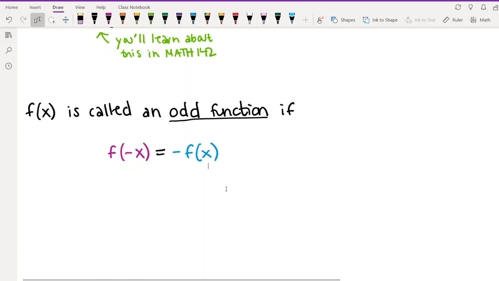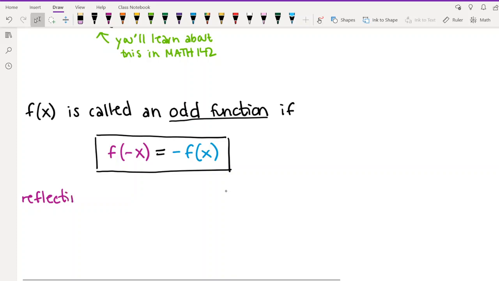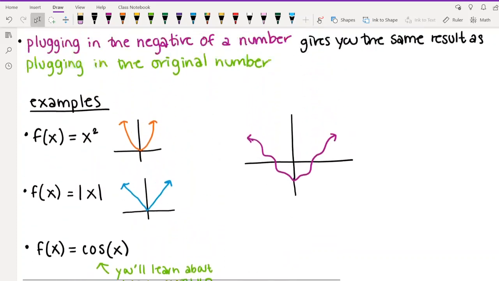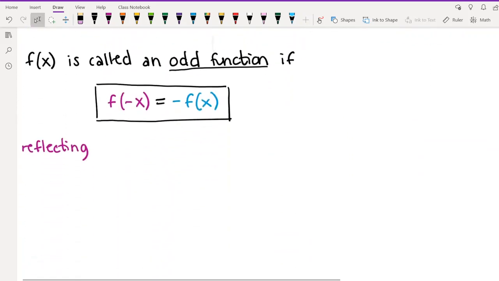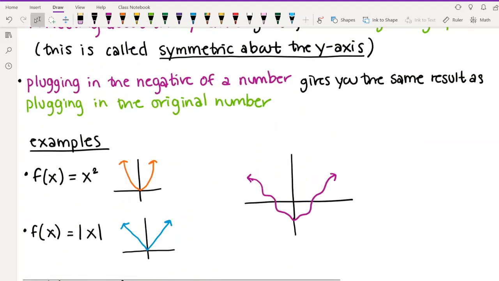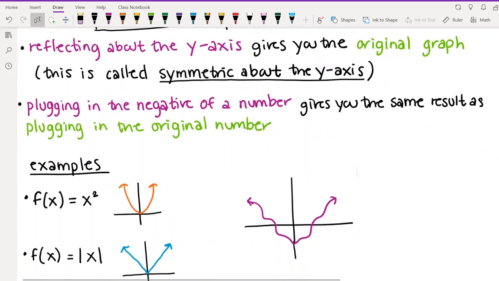So how do we interpret that, when we were looking at that graph at the beginning? Well, we basically were saying that reflecting about the y-axis basically gives you the same graph. I just want to make sure I'm writing it the same way.